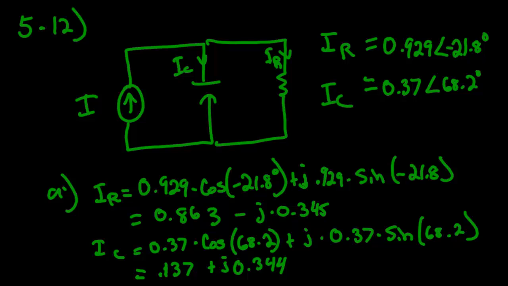I'm not 100% sure; that's what the solutions have, and sometimes these solutions are a little wrong. Let's see, 0.37 times the cosine of 68.2. That's what I'm getting, 0.137. Are you in radians?